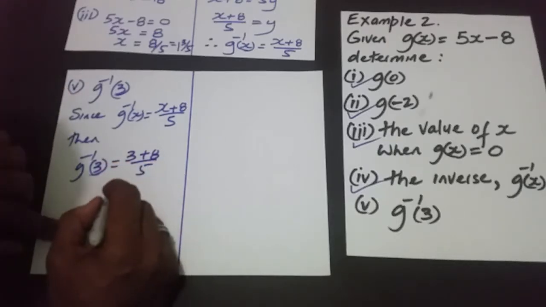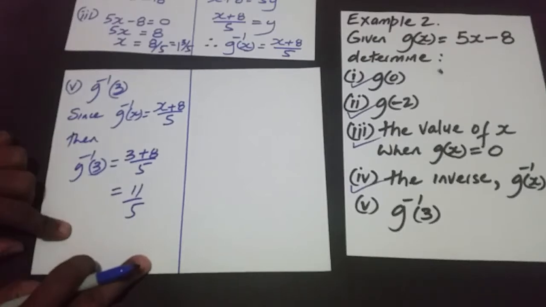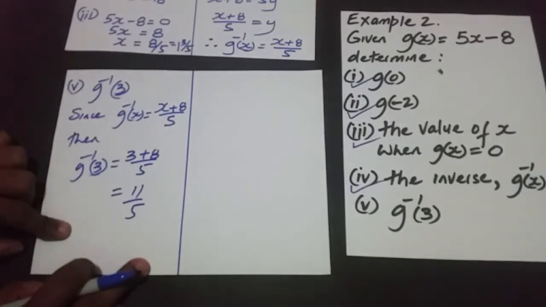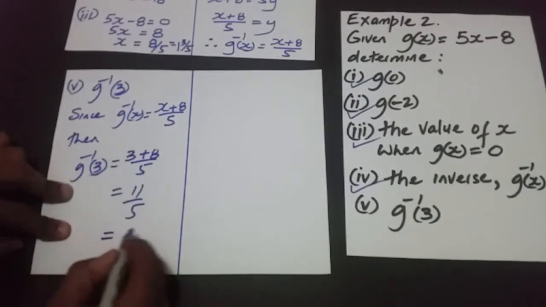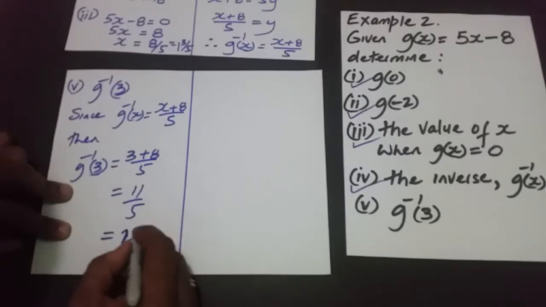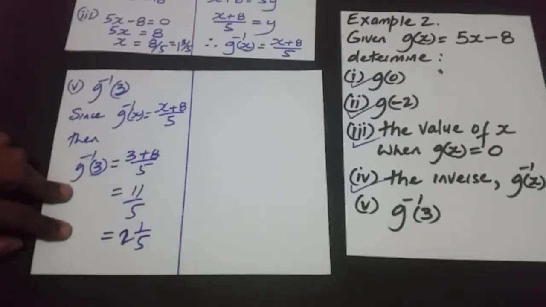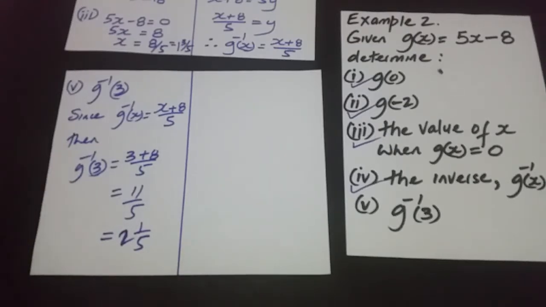Of course, 3 plus 8 is 11. That's an improper fraction. We don't leave final answers as improper fractions. So 5 can go into 11 2 times, and remainder 1 over 5. So your answer there would be 2 and 1/5.